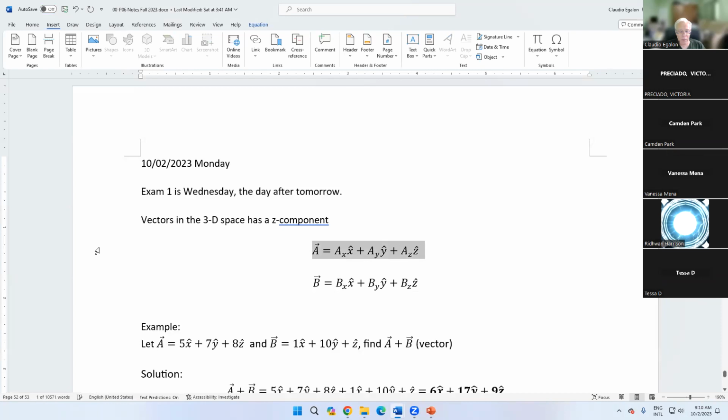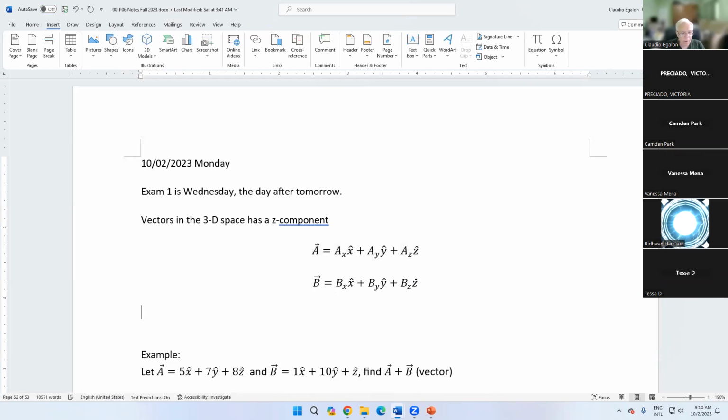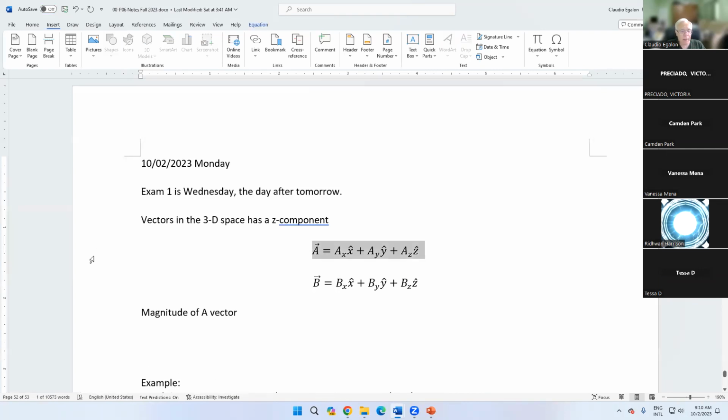So if I want to find the magnitude of A vector, what would that be? It should be AX squared, AY squared, and AZ squared.